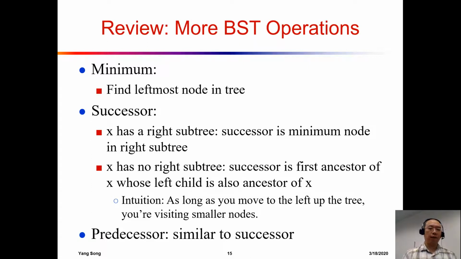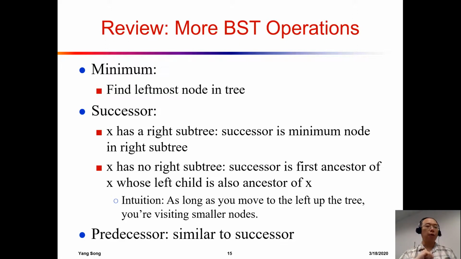The next thing, successor. Successor is very important. If you have a node and you want to know what is the successor of that node, the rule is: if the current node X has a right subtree, then the successor will be the minimum of the right subtree.